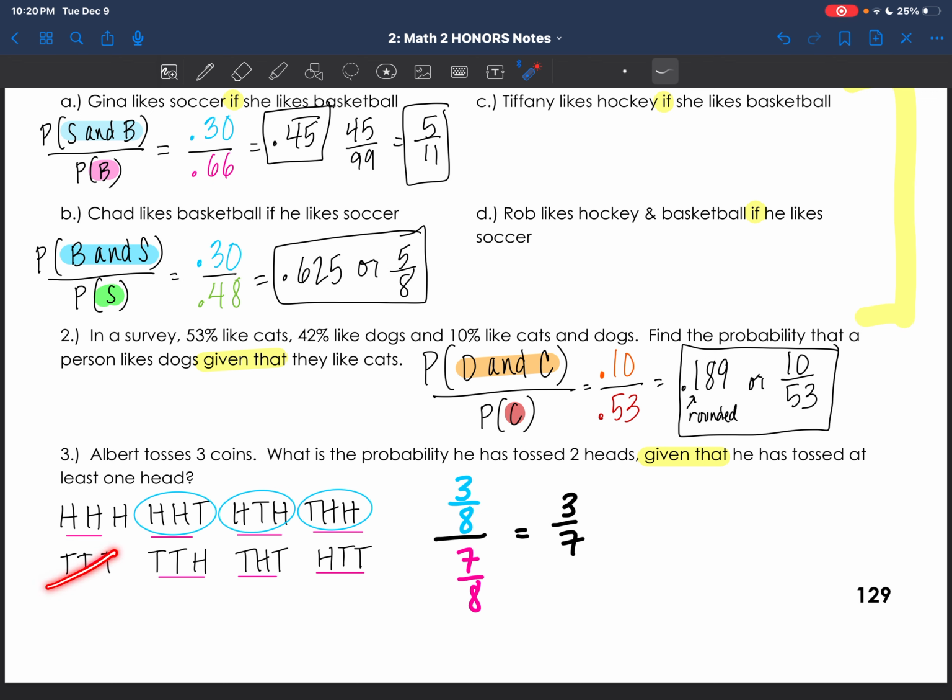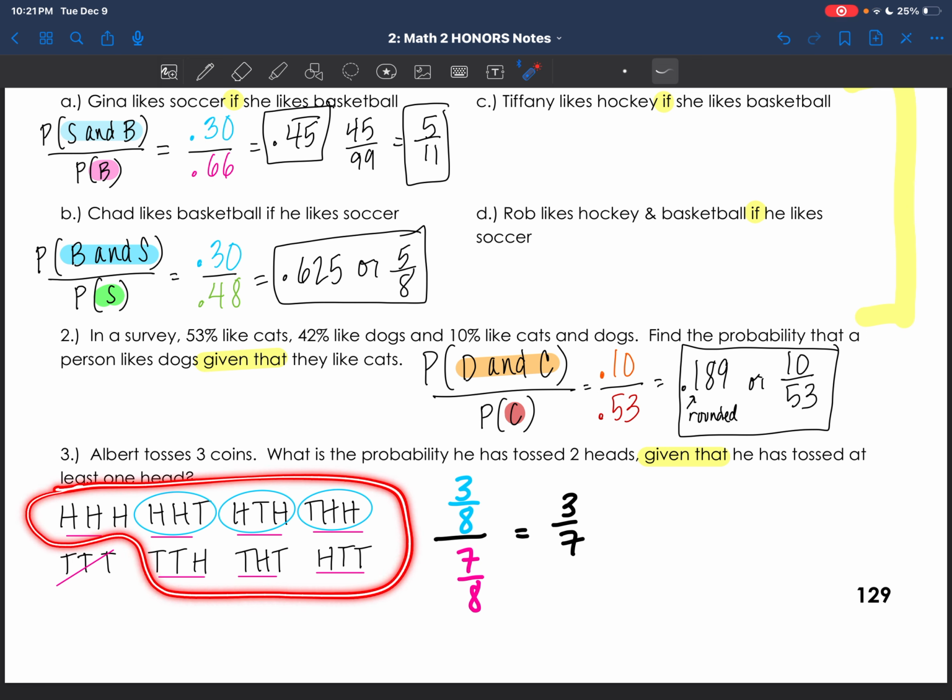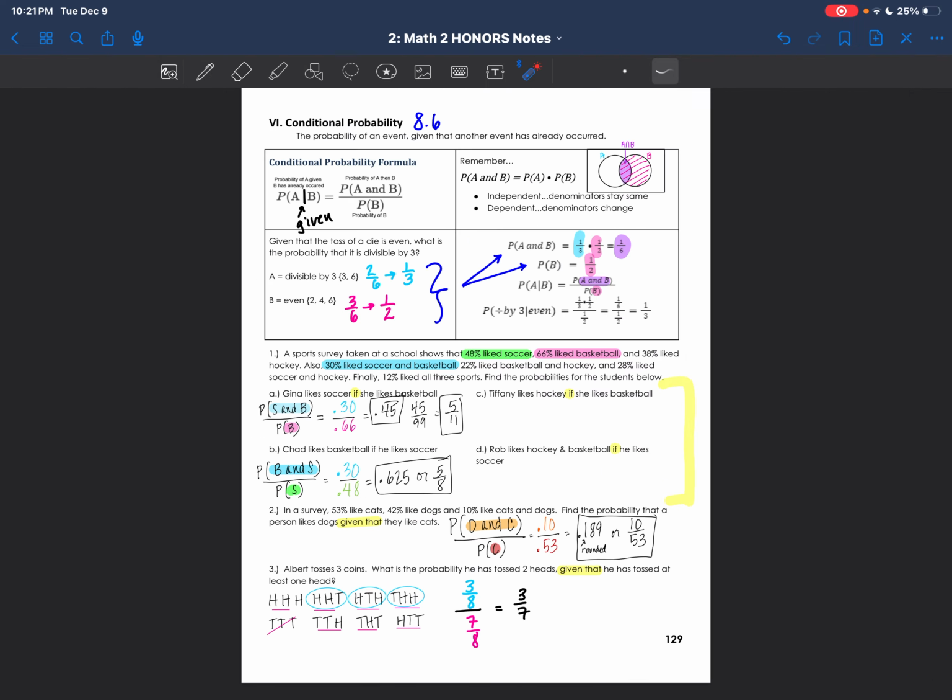So we can't use that one because that's all tails. But these have at least 1 head. So like I said, we're not using that one. So we've got 7 options here, and that's divided out of the 8 total. All right, and then you'd multiply by the reciprocal, and then you'll get 3/7 as your answer.